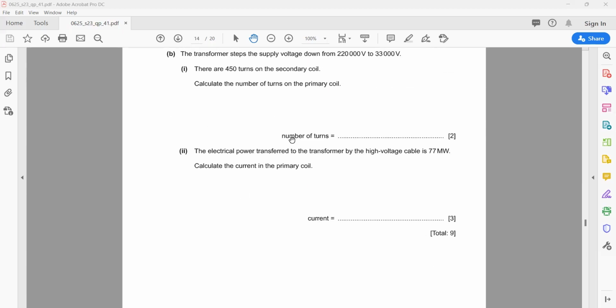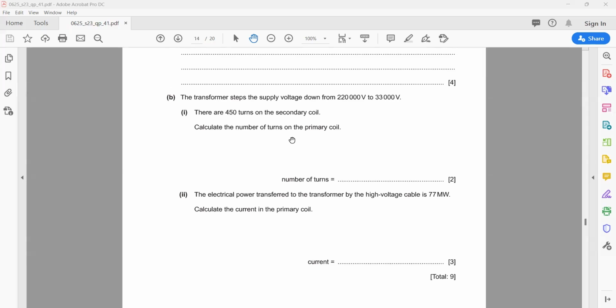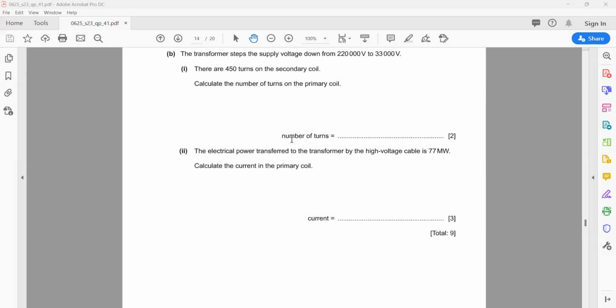Can we move to B, or do you already know this one? I know this one, and I was calculating the current. This one is 3,000 turns. For that, what formula are you using? VP over VS equals NP over NS.